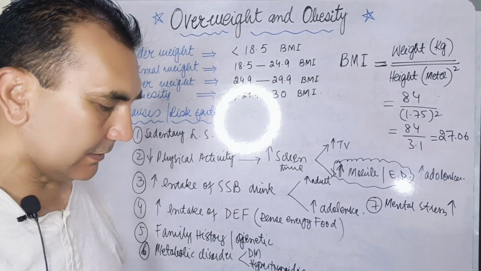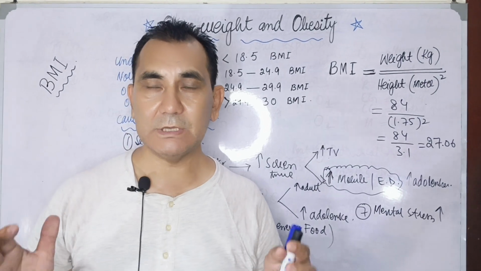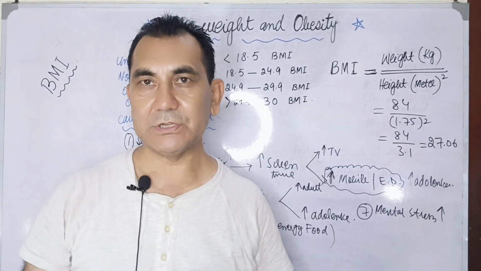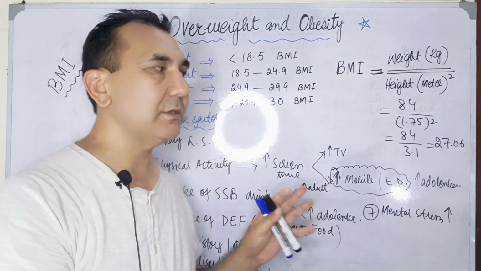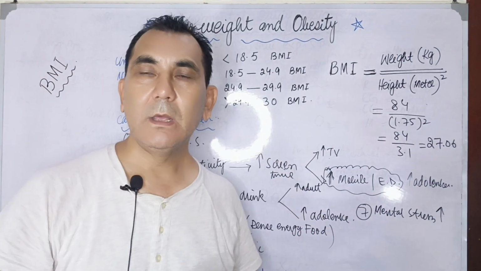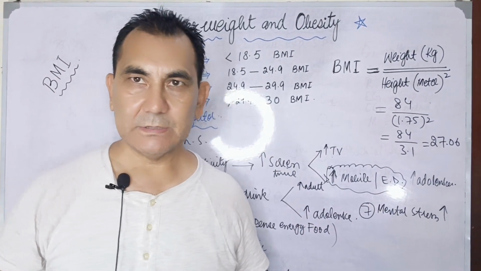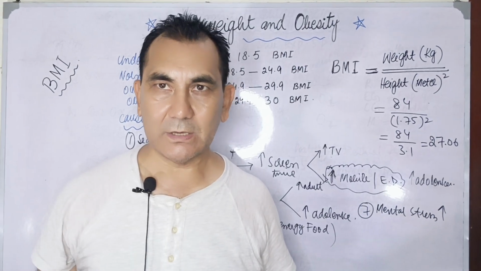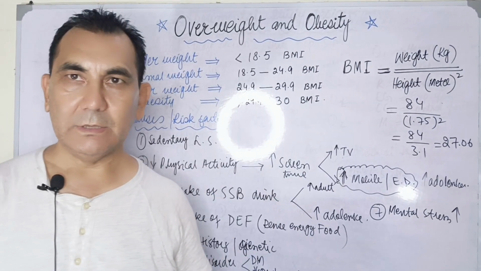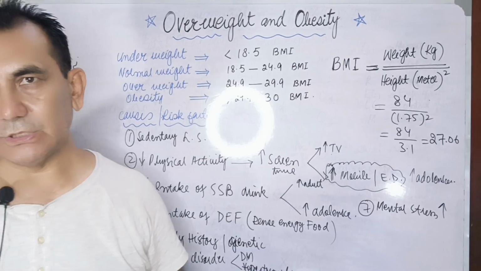These are the causes I shared with you all, and there are many other causes as well, but these are more common and have a high prevalence, acting as accelerators for overweight and obesity.